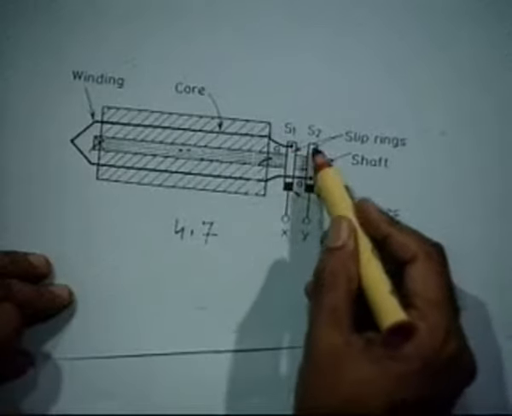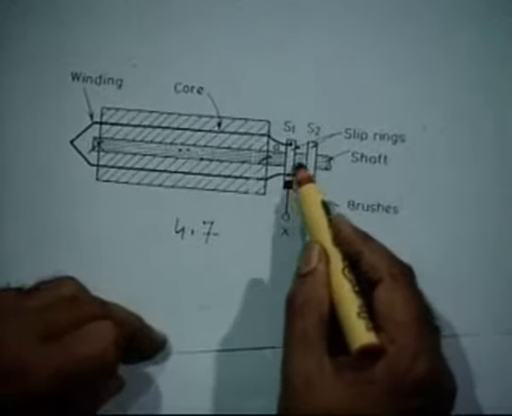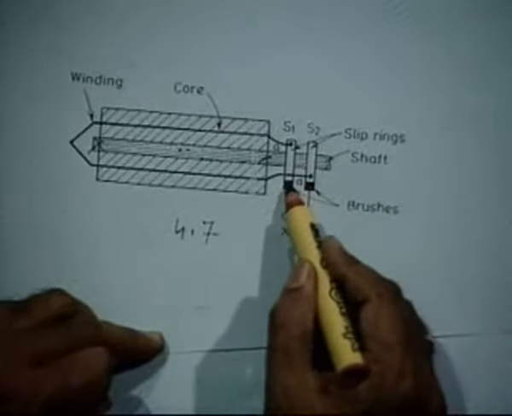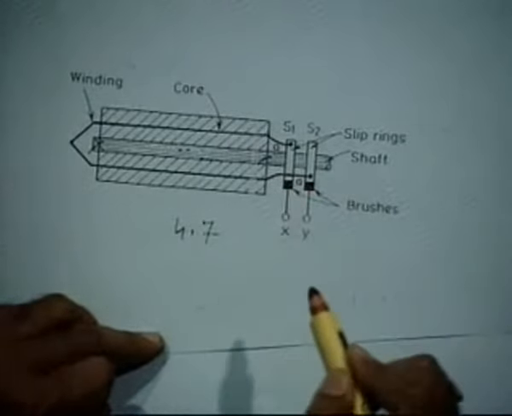These are the slip rings, which are basically good conducting rings fitted to the shaft, they rotate, and then there are the brushes which are touching the slip rings.